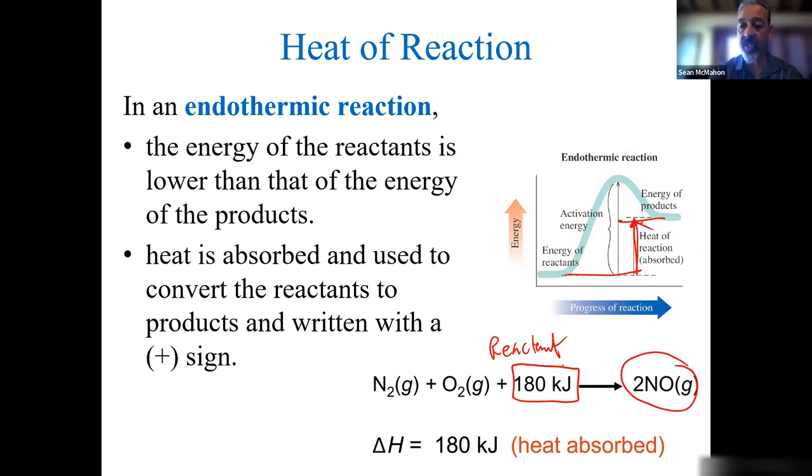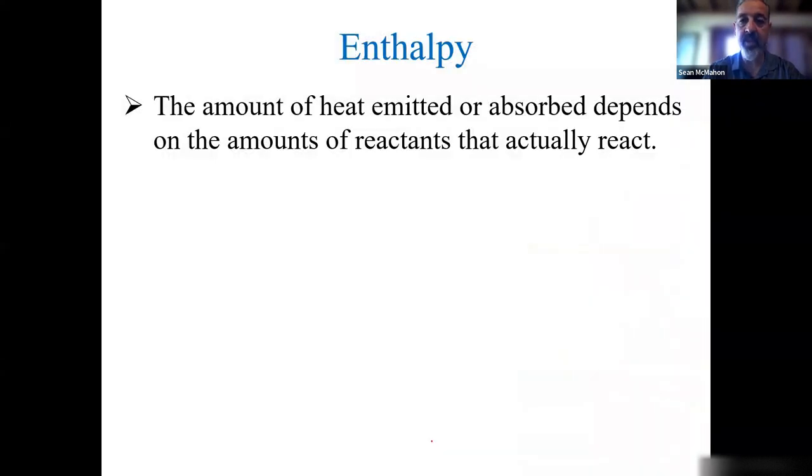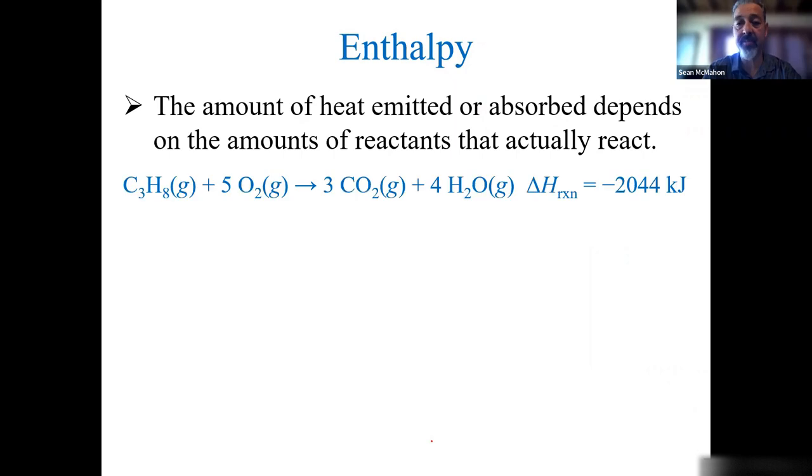Or if they don't include the heat in the reaction, they'll just write the enthalpy of reaction or the heat of reaction to the side of the reaction and they'll put a positive. Or they won't make it negative. It'll be positive because heat is entering, it's absorbing. So that's what enthalpy is, the amount of heat emitted or absorbed, and it depends on the reactants and whether or not they're actually going to react.